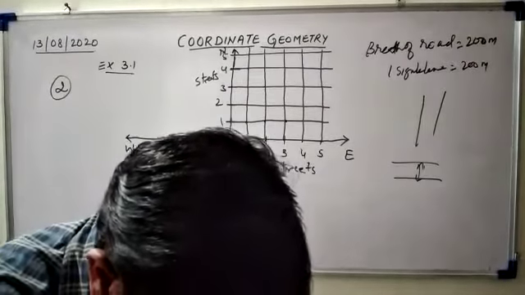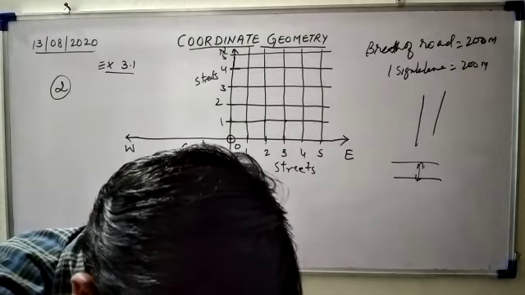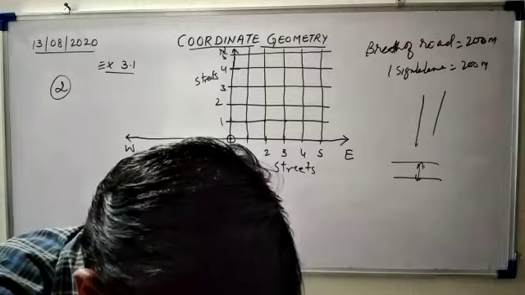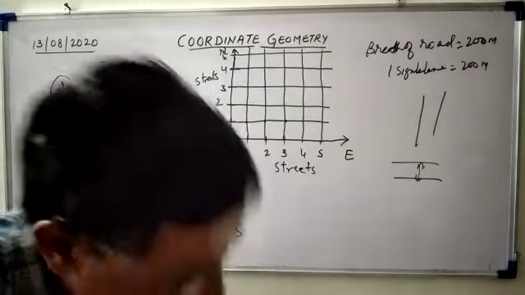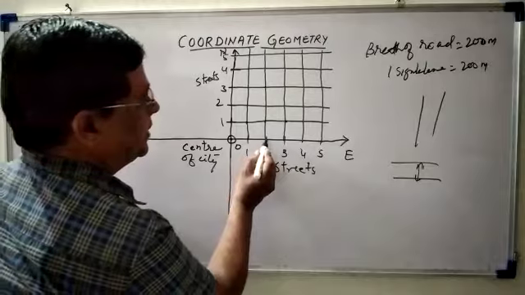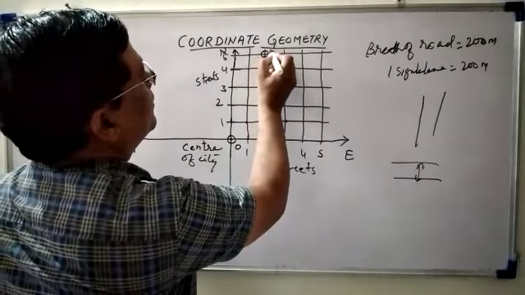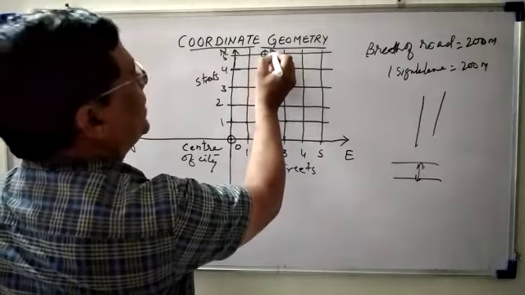Now you have to do this: if the second street running in the north-south direction and the fifth in the east-west direction meet at some crossing, then this cross street is 2, 5. Suppose we call it P, or any alphabetical name.